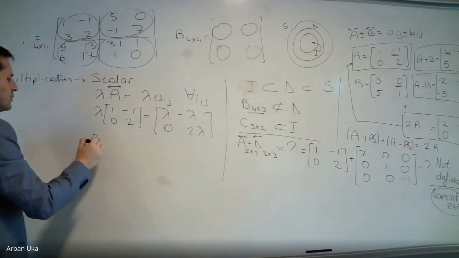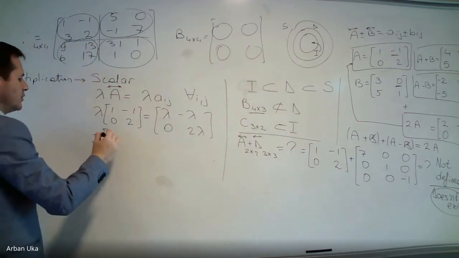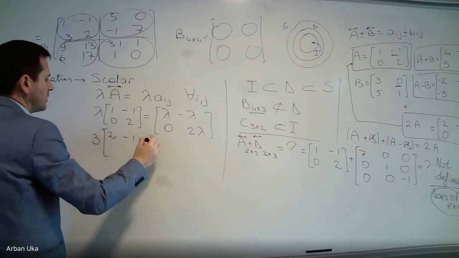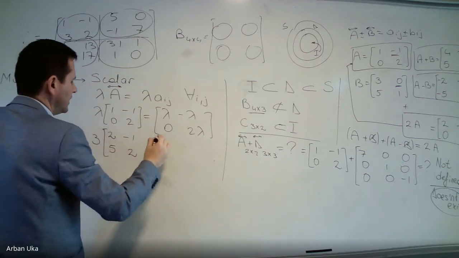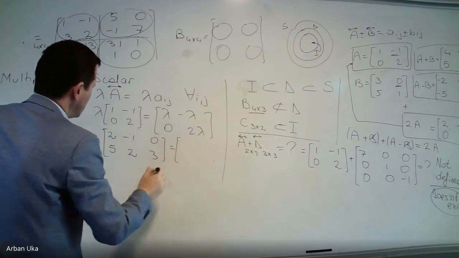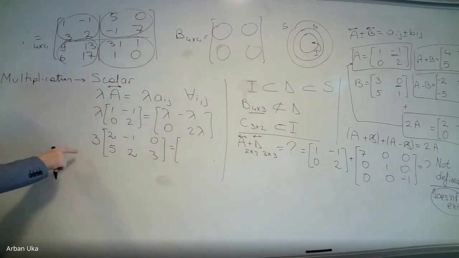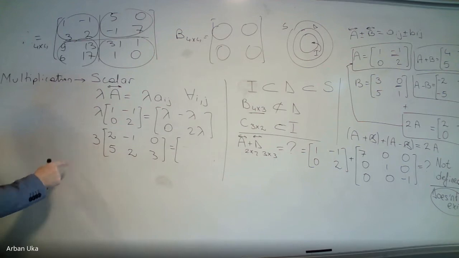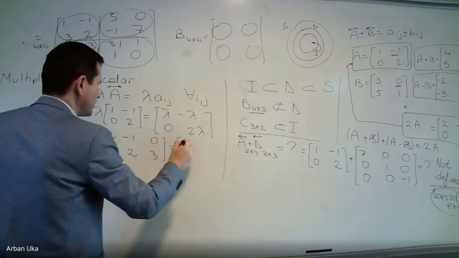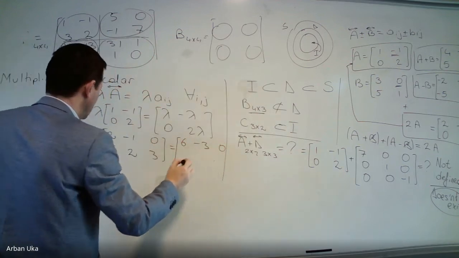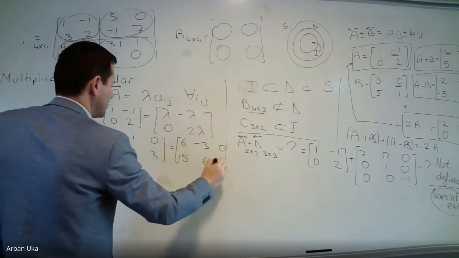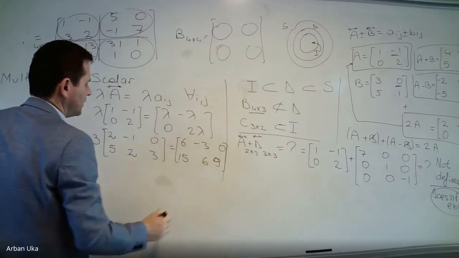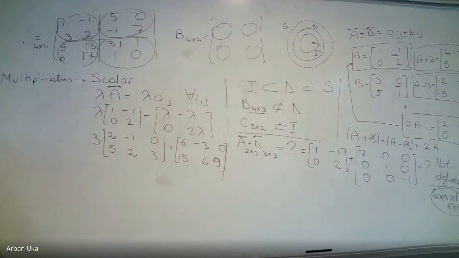In case lambda is equal to 3, then we can put here 3 times 2, minus 1, 0, 2. In this case, the multiplication by a scalar, a scalar is just a number, would be equal to 3, minus 3, 0, 6. Okay, so this is multiplication by a scalar.